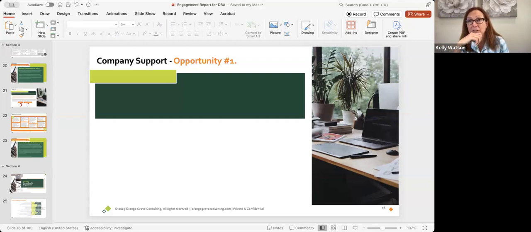Think about the SMART goal framework, for example: goals need to be specific, measurable, achievable, all of those things. So don't tell people to get better at communication. Be specific. What area of communication do they struggle with, according to the data?